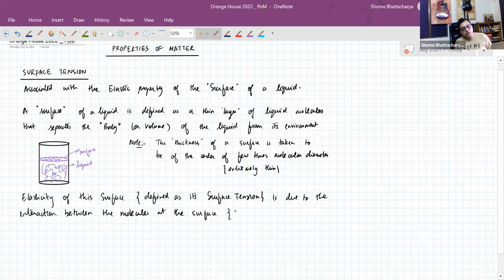So this interaction is called the cohesive forces. That is the intermolecular attraction forces between the liquid-liquid molecules.